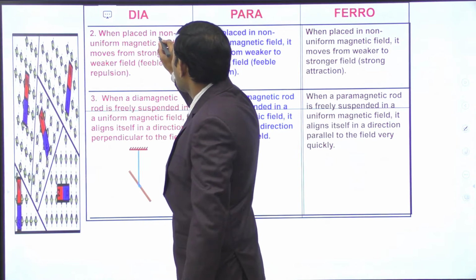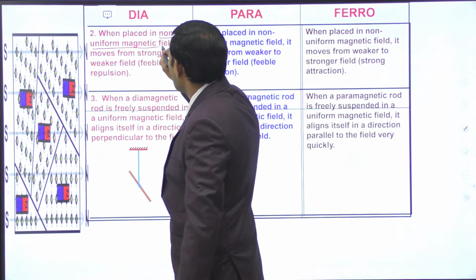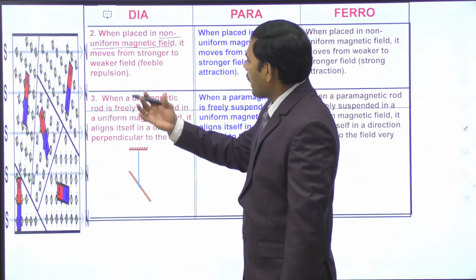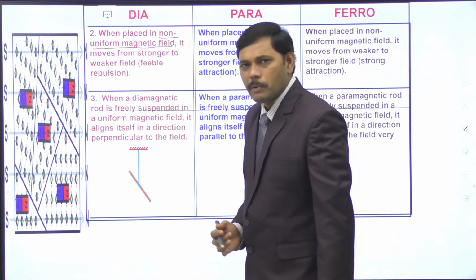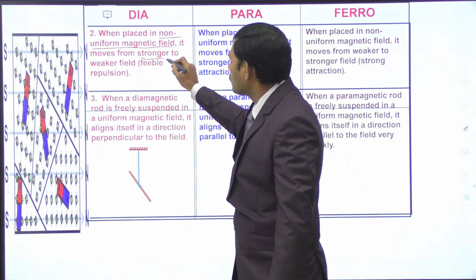The magnetic strength changes from point to point in a particular region. The diamagnetic substance moves from stronger to weaker.